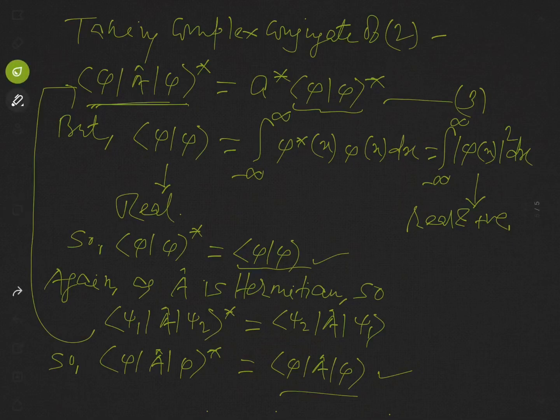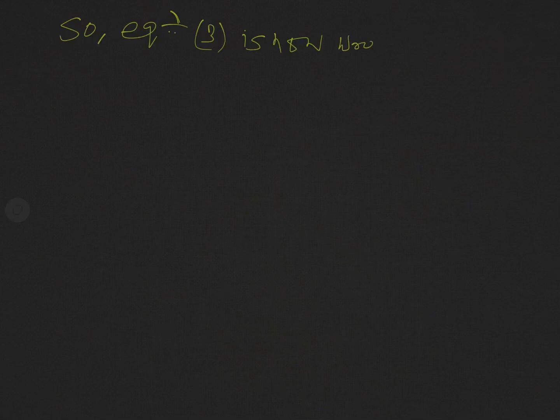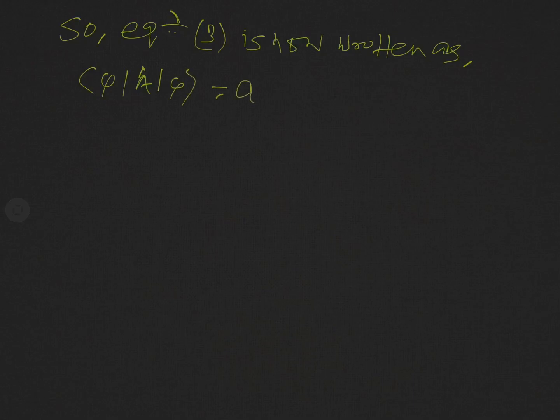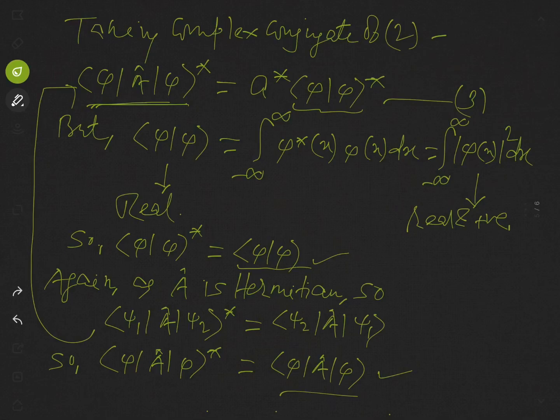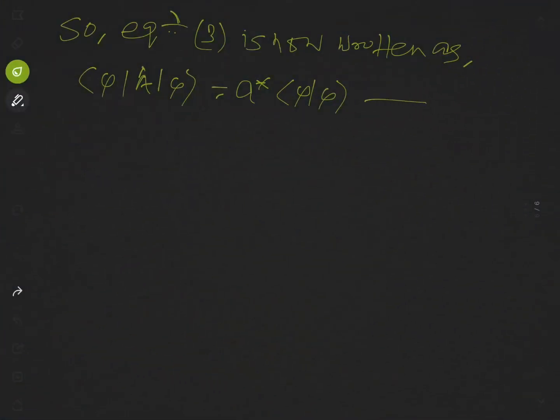So equation 3 is now written as phi A hat phi equal to A star product of phi with phi. This is equation 4.